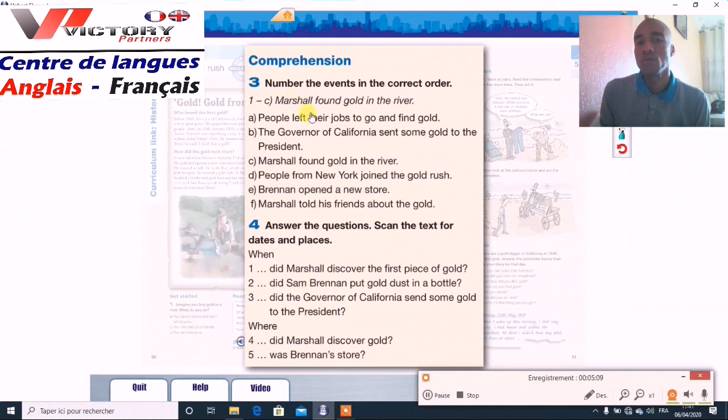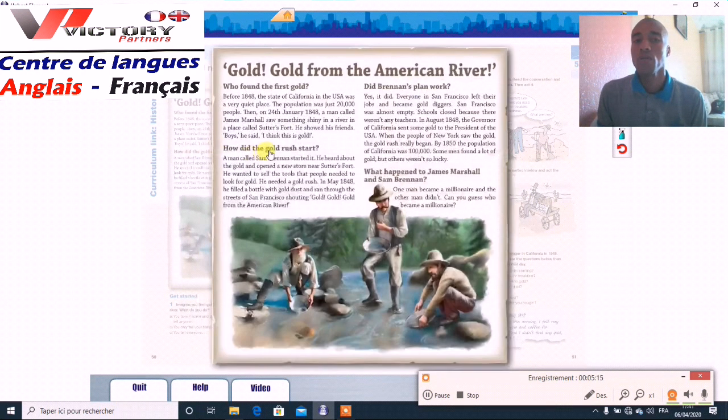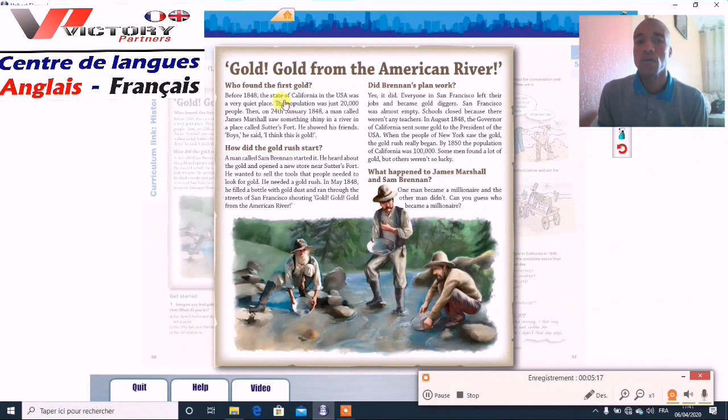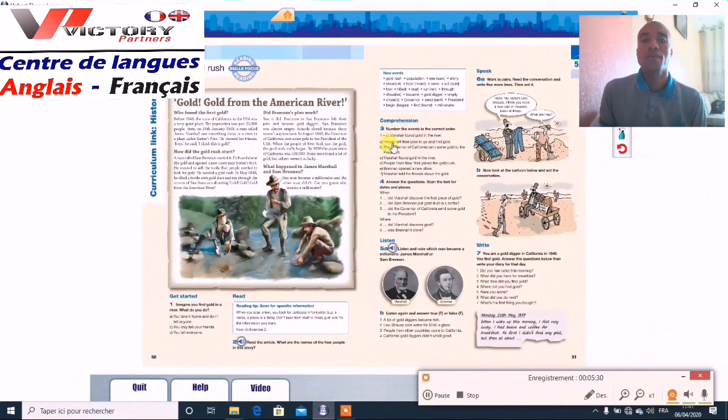If we go to event number 1, Marshall found gold in the river. So we are going to find it here, right? Here we find that Marshall found gold in the river, as the first event.